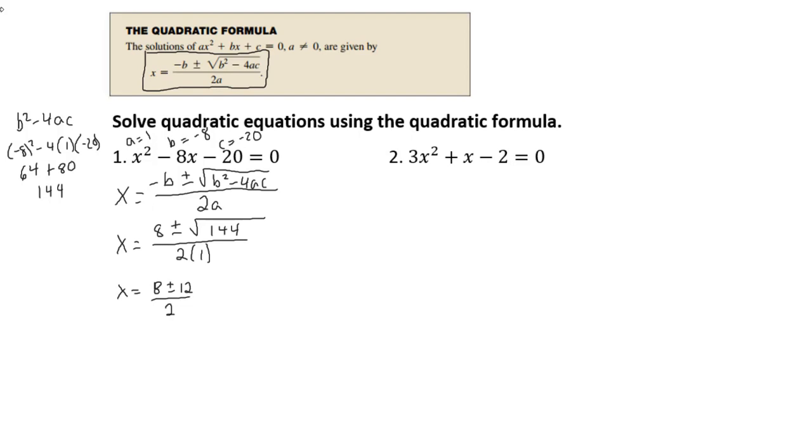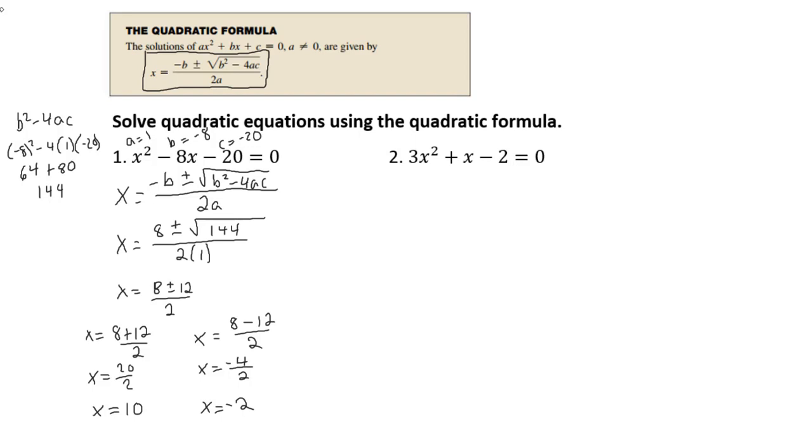Now we need to split this into two problems: x equals 8 plus 12 divided by 2, and x equals 8 minus 12 divided by 2. So x equals 20 over 2, so x equals 10. And x equals negative 4 over 2, so x equals negative 2.